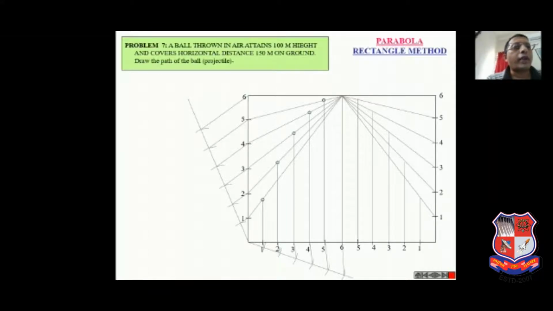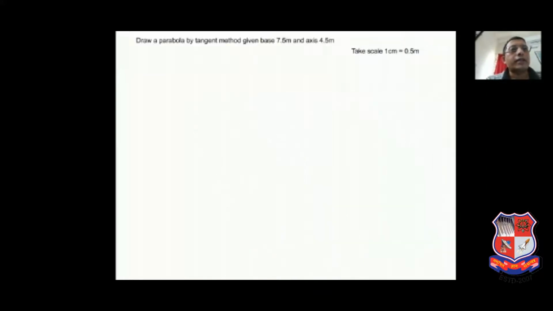From vertical points we draw inclined lines to top center point of the rectangle, and from each and every point on the horizontal line we draw vertical lines which intersect inclined lines in sequence, which are our required points to draw a curve. Then passing through all these points we will draw a curve. The name of curve is parabola and the method is rectangle method.